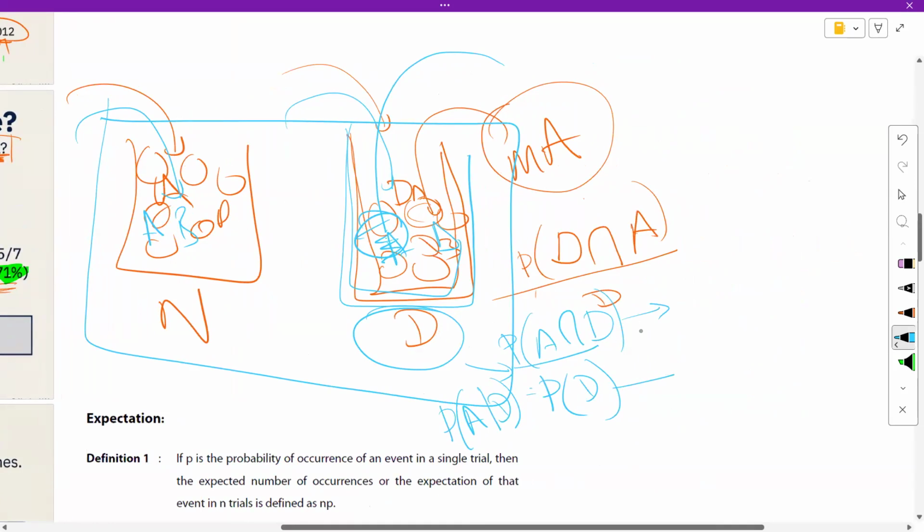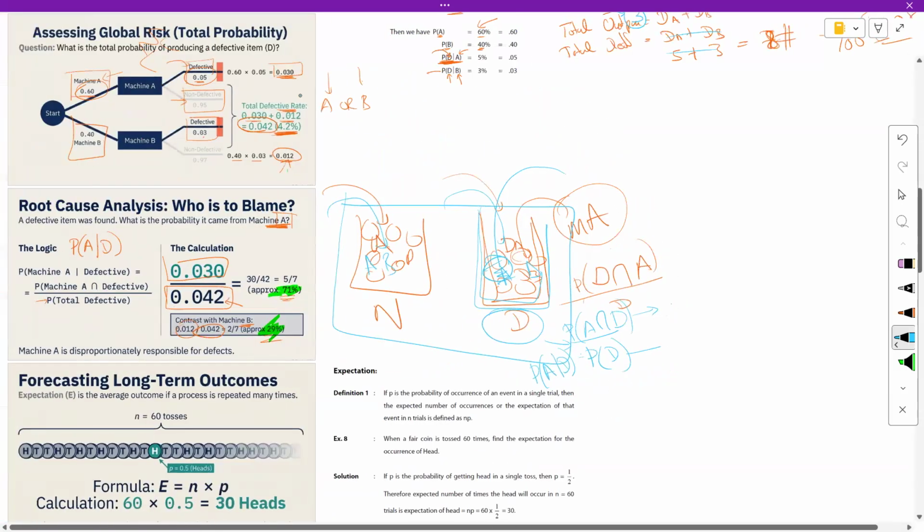It is given here. 0.03 is given, and probability of D may be found. Sorry, 0.042. So you get the same answer. Clear?